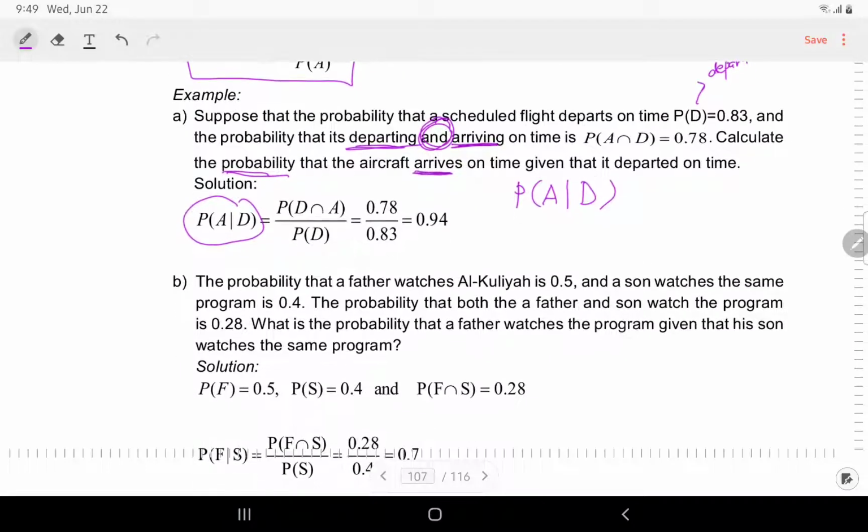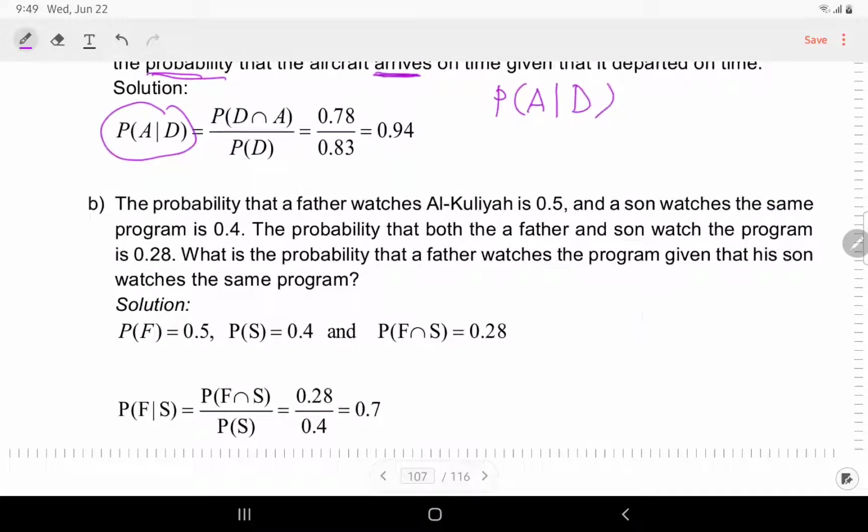Okay, next example. The probability of a father watch al-kuliah is 0.5. Okay, father, so kita letak F. So P(F) is 0.5. And a son watch the same program is 0.4.